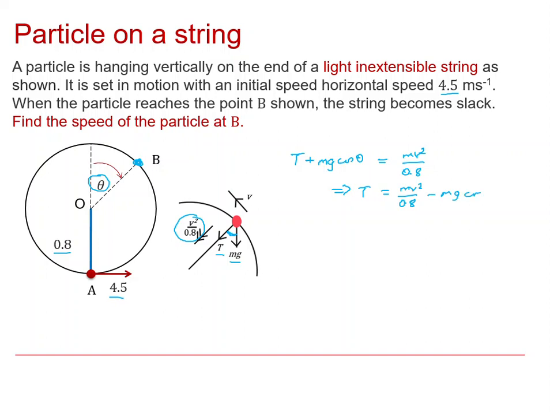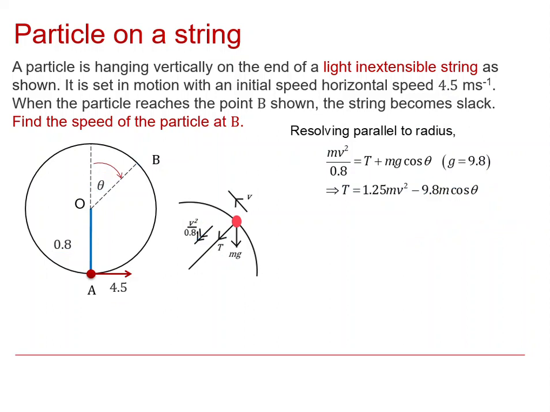So if we now put some numbers in, we'll have an m, and the first term will be 1.25 v squared, because 1 over 0.8 is 1.25, and we'll have minus 9.8 for the g times m times cos theta. So that's the expression which we've got for the tension. I haven't put the m outside a bracket there, but otherwise that's just the same.